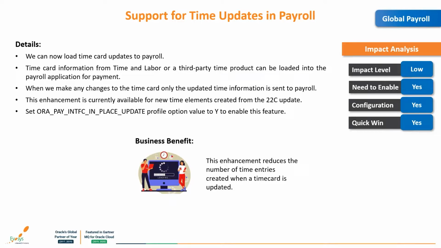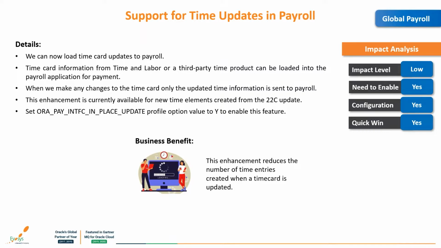In order for us to enable this particular feature, we will have to set the ORA_PAY_INTFC_UPDATE profile option value to Y. So now even the retro process will identify the updated element and updated time entries, and then will process only those time entries which are updated.